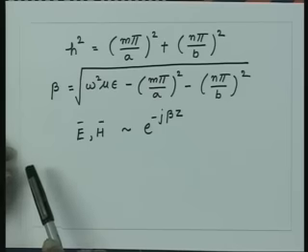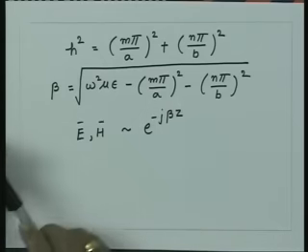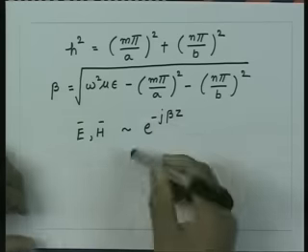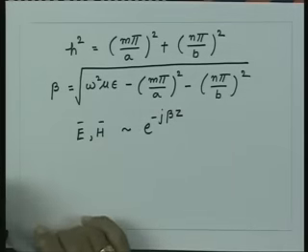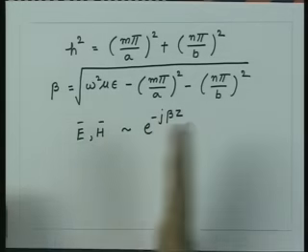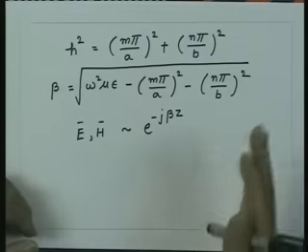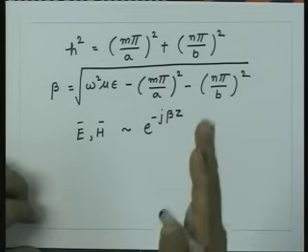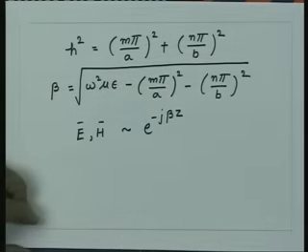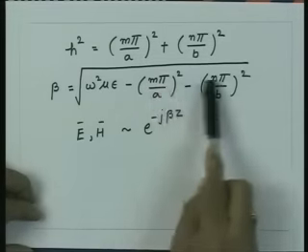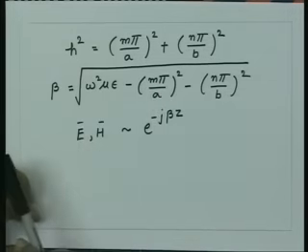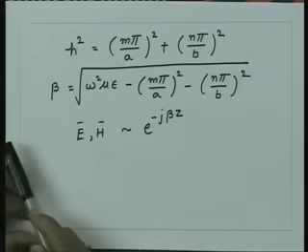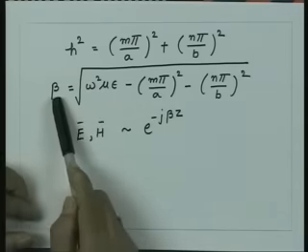So, for a propagating wave, it is essential that the frequency must be higher than a certain value, so that this quantity is a real quantity. As we discussed in case of parallel plane waveguide, at a frequency where this transition takes place, that means from the travelling wave to the decaying field, we call that frequency the cutoff frequency of a mode. For different values of m and n, we will have different frequencies where this transition takes place, and the transition takes place essentially when beta is equal to 0.